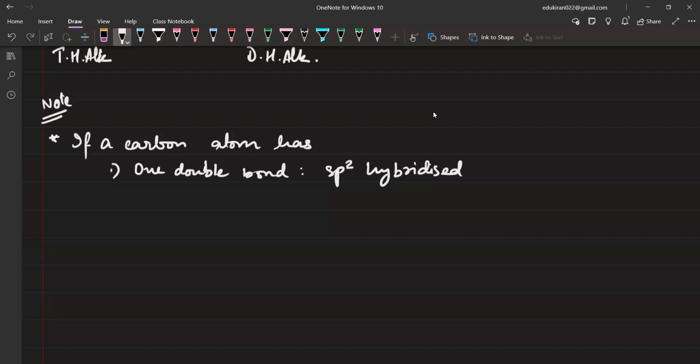After sp2 carbon, if it is having two double bonds, then it is sp hybridized.